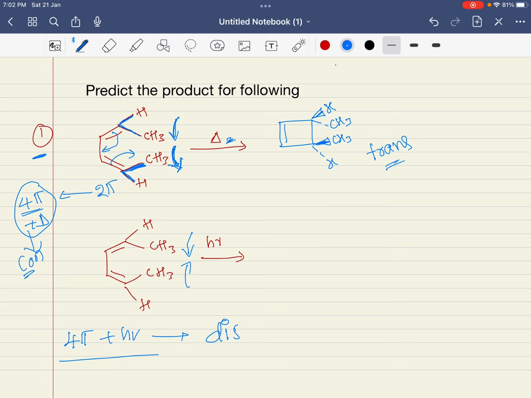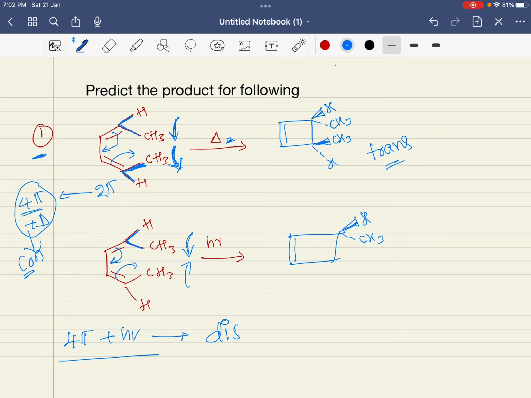First we'll write the basic product by using these pi electron systems. This is the basic product. Then if we flip these groups inside, hydrogen goes above and CH3 goes below.